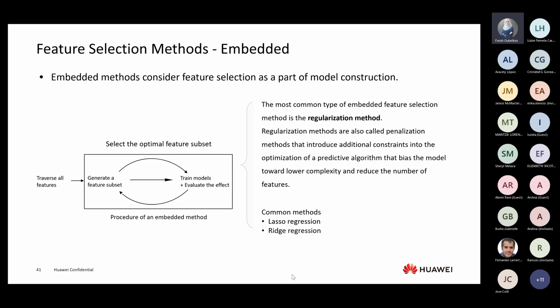There are some algorithms in machine learning that perform feature selection automatically as a part of the learning model. For example, decision tree or random forest, or lasso regression, ridge regression, are some of the machine learning algorithms that do feature selection automatically; we don't have to do this.